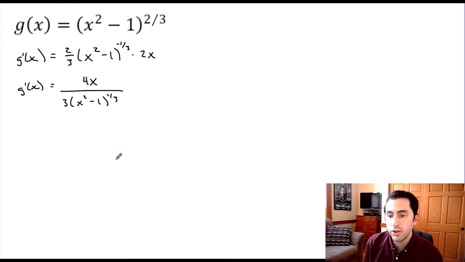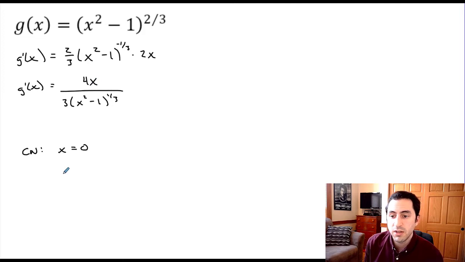Now to find the critical numbers, these are going to be wherever our derivative is 0 or undefined. For this to be equal to 0, the numerator has to be equal to 0. That's going to occur when x is equal to 0. I can plug in 0, that makes the numerator 0, which makes the entire thing equal to 0.